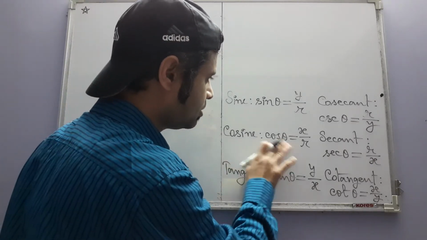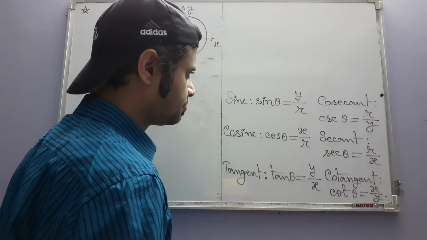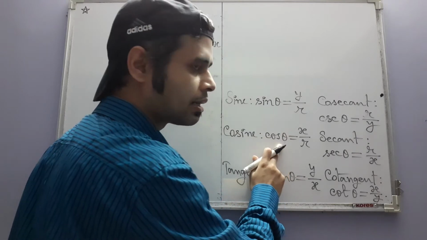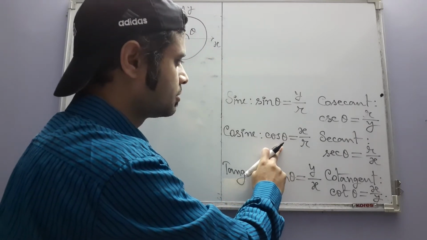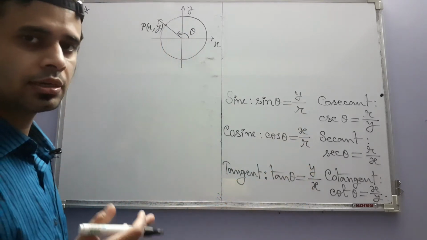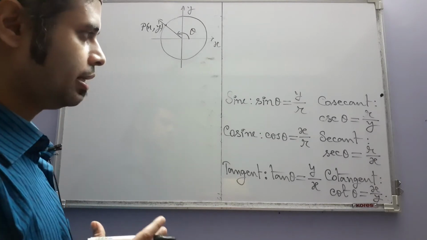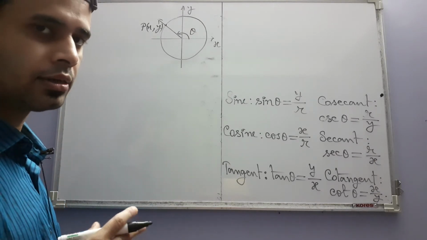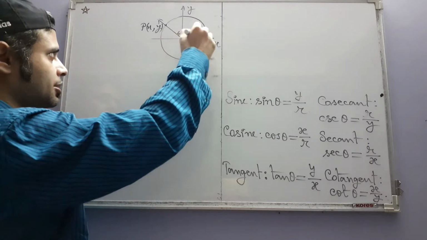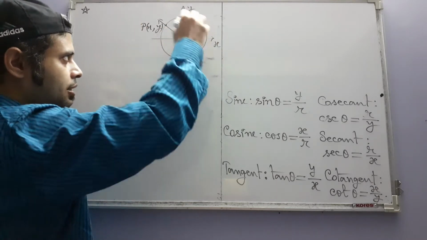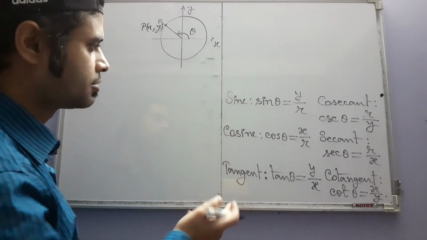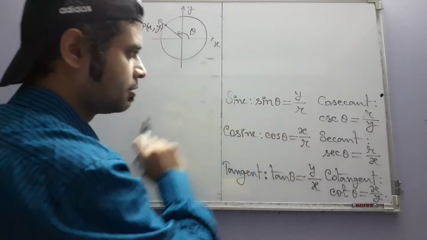Now looking at these definitions, you can see one thing, that sine theta and cos theta suffer no problem, in the sense that the denominators are both equal to r, which is the radius of the circle, and the radius is not 0, r is our choice. X and y keep changing depending on what the angle is, but r is fixed. We have chosen this circle, so once you choose the non-zero positive radius, that is fixed. So these denominators never become 0.